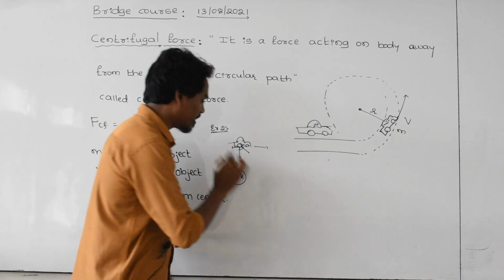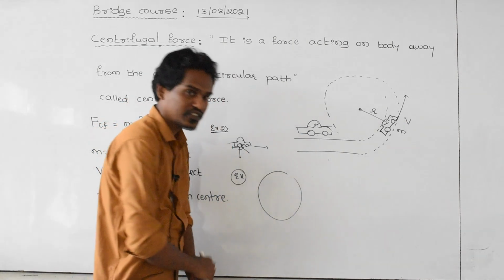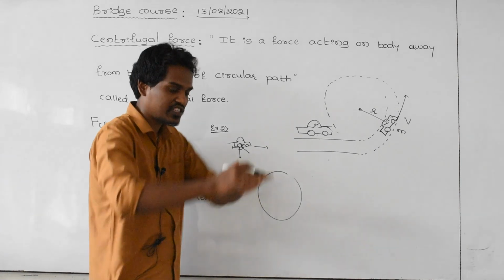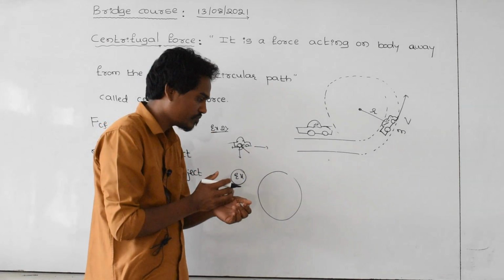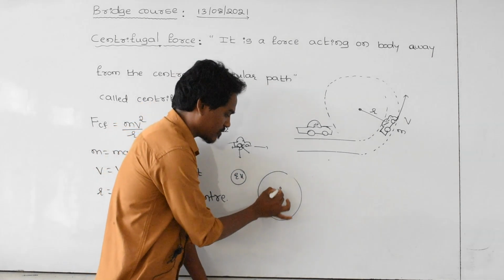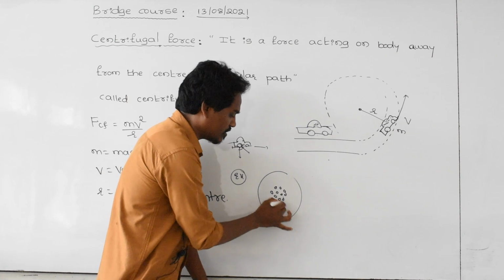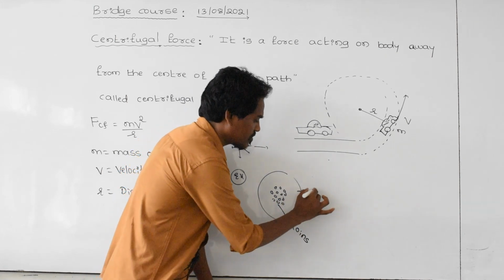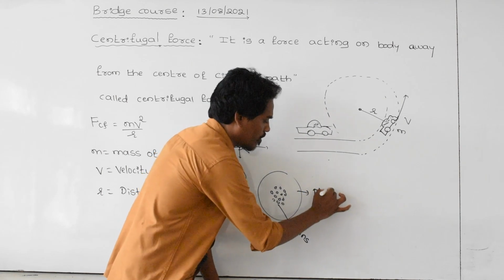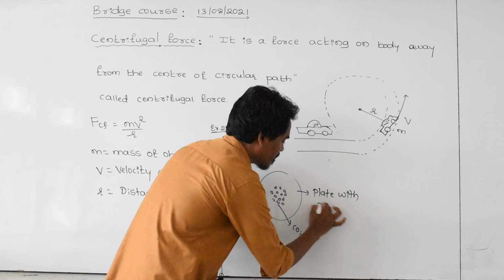Or else you take another example. Take a plate which has an edge, and take some coins here. These are coins and this is a plate with a round edge.